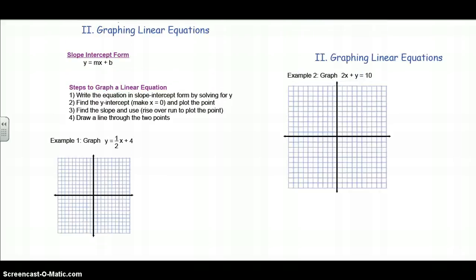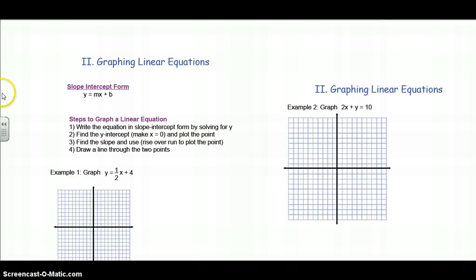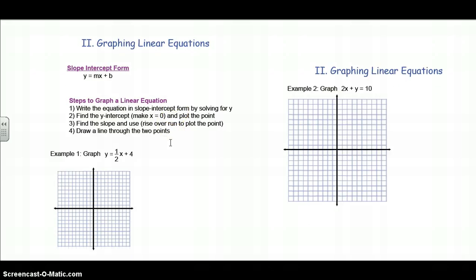Okay, the next part. Graphing linear equations. If we haven't gotten into this, you will, and you'll always need to know the slope-intercept form. y equals mx plus b. Steps to graph a linear equation. 1.